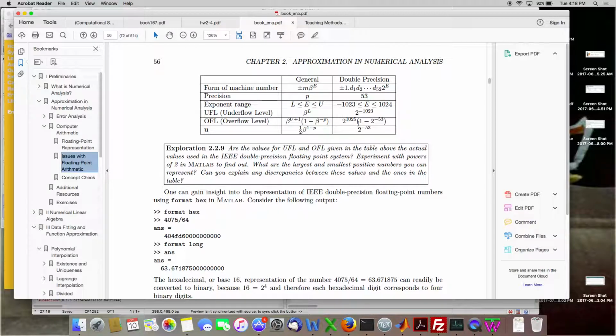Then this is what you would get. But what you find is that the actual range of allowable exponents, for example, is not this.